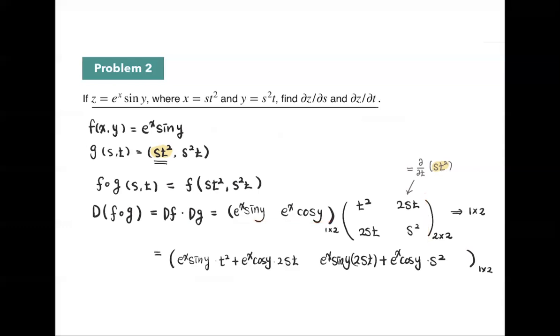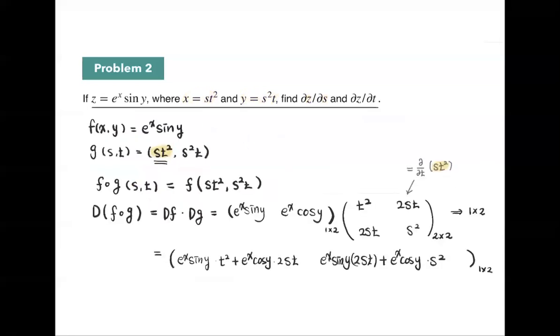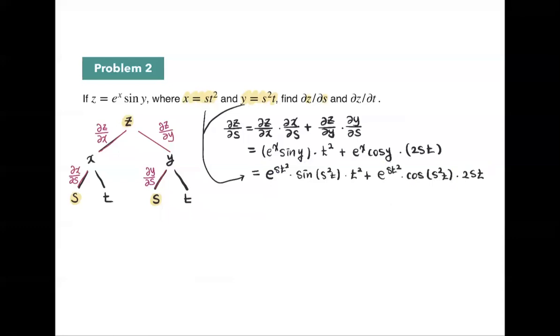It was given by these lines. And you can see that this one is the same as we calculated before. Here, we know dz/ds. I will copy and paste this second line, since we didn't change x and y to s and t.